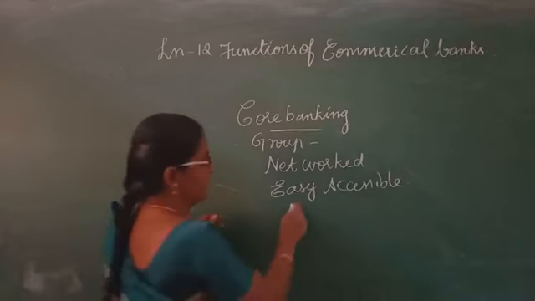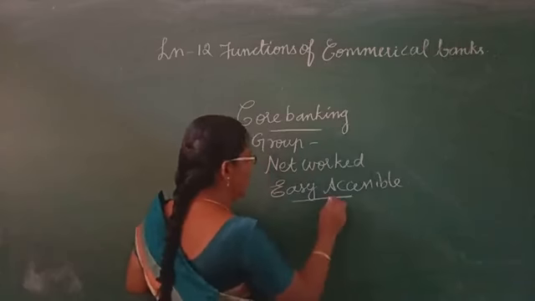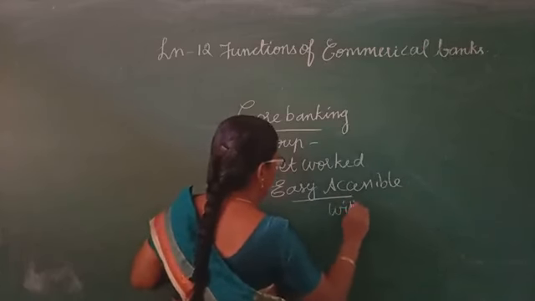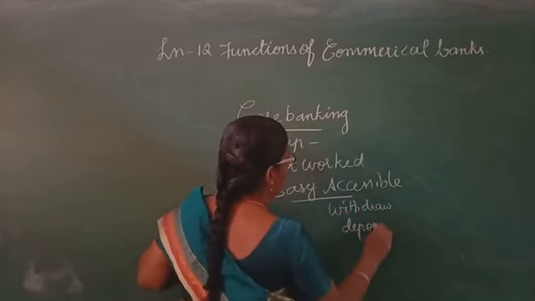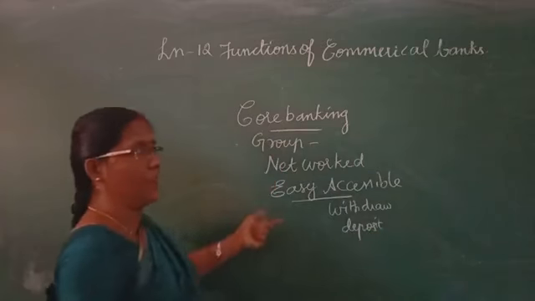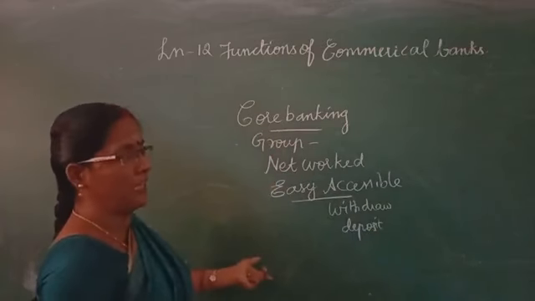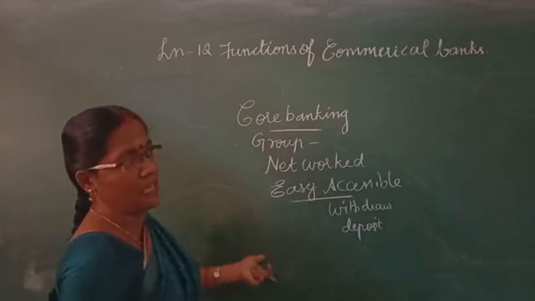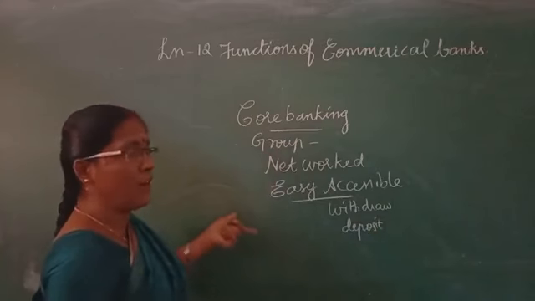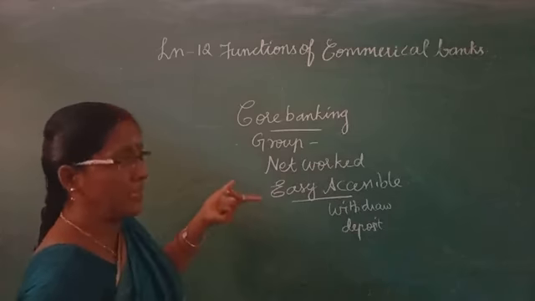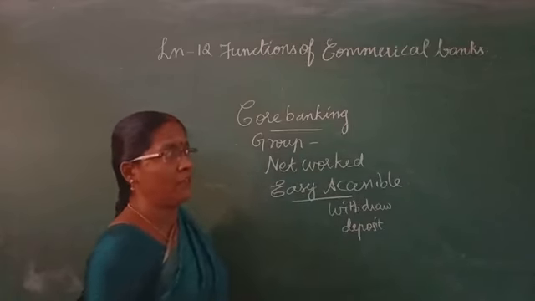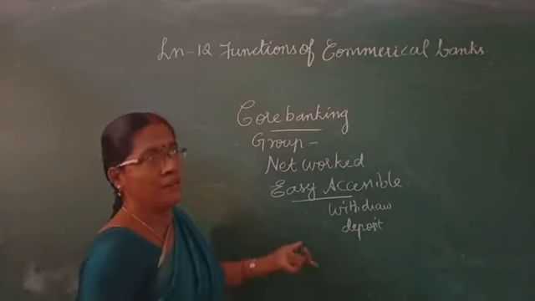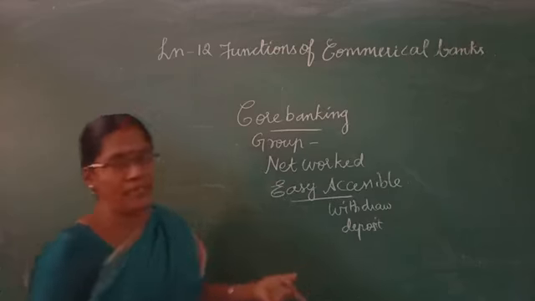So it is easy to access, easy to withdraw and easy to deposit money at all places, and throughout the world they can see their account. They automatically see it at the same time, as the bank branches and the server of the main branch run together. It is called the core banking system.